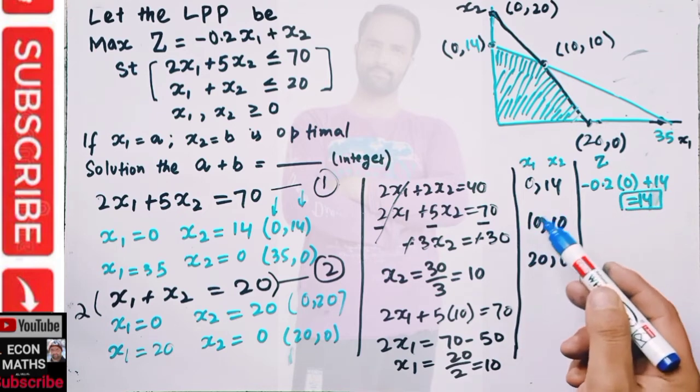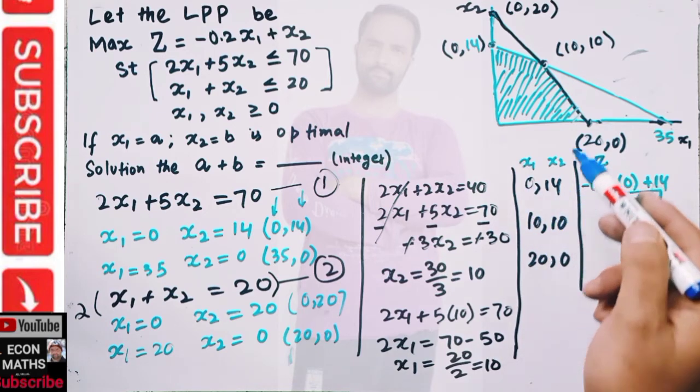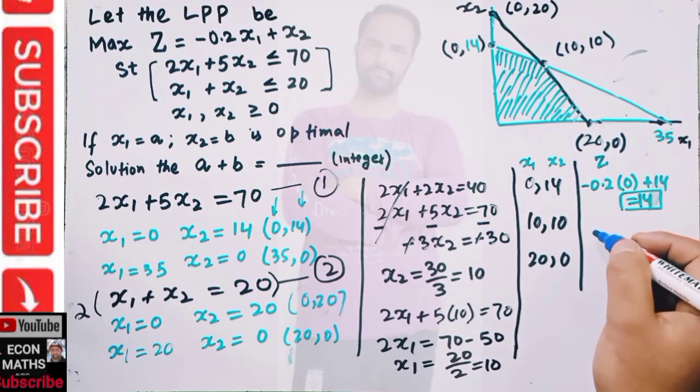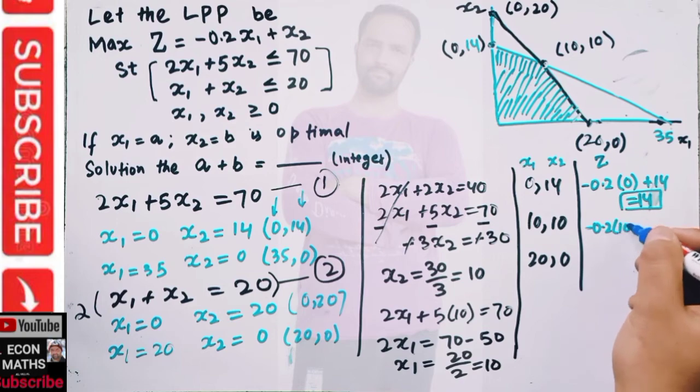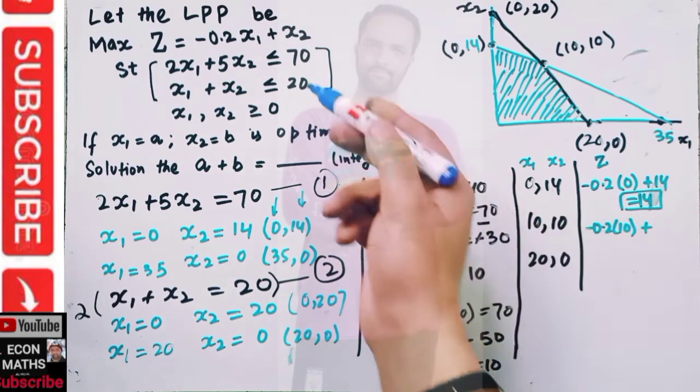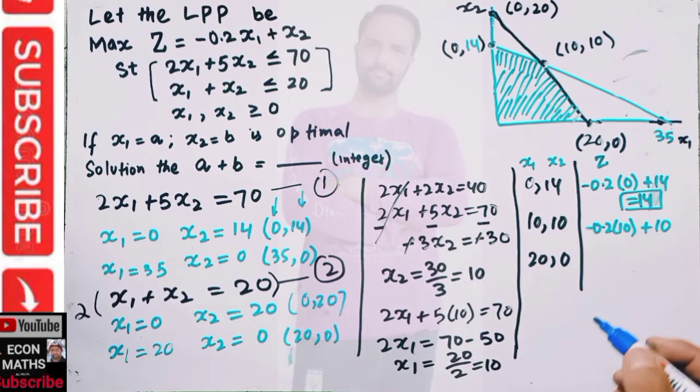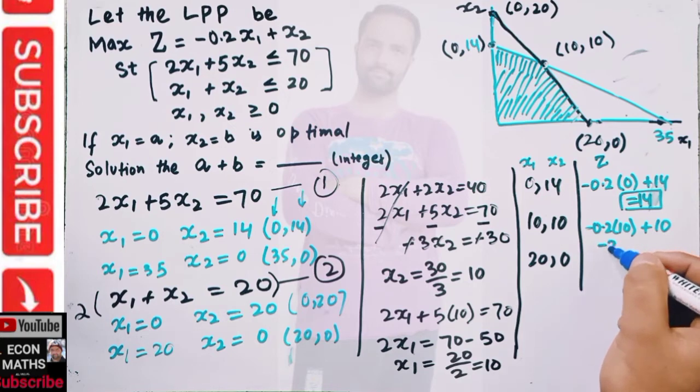Let's try to figure out at this point, when x1 is equal to 10, x2 is equal to 10, what will be our z? Just plug, we have minus 0.2 into 10 plus the value of x2 which is also 10, so this is minus 2 plus 10, so we get here 8 as the value of z.